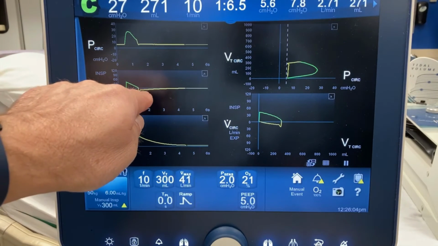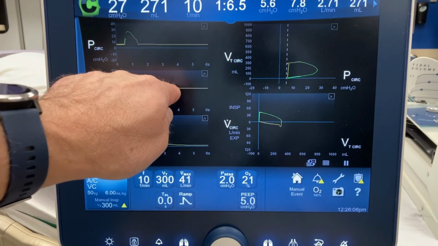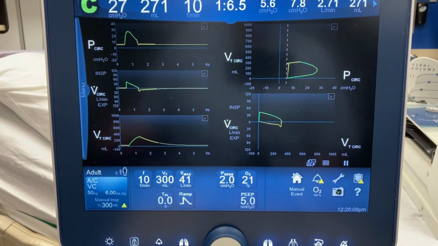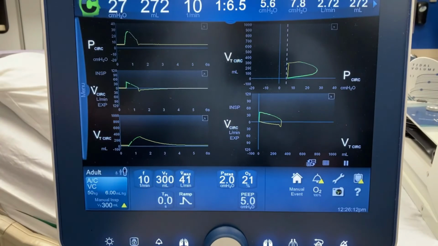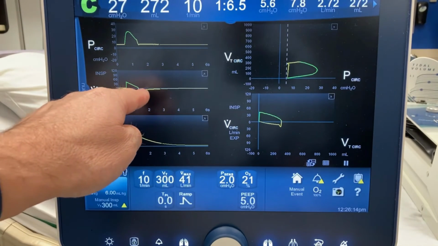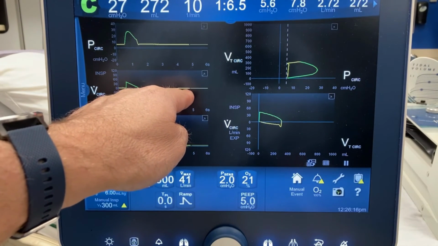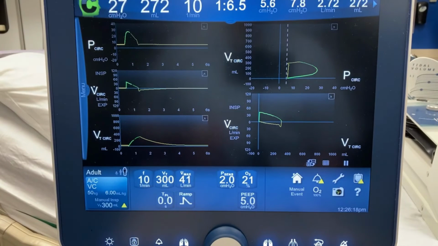The flow gets slower and slower and slower as it gets closer to the 0 baseline, and once it hits 0, it's done. So flow is trailing off, it returns to 0 before the next breath begins. And so visually, there's no air trapping there.